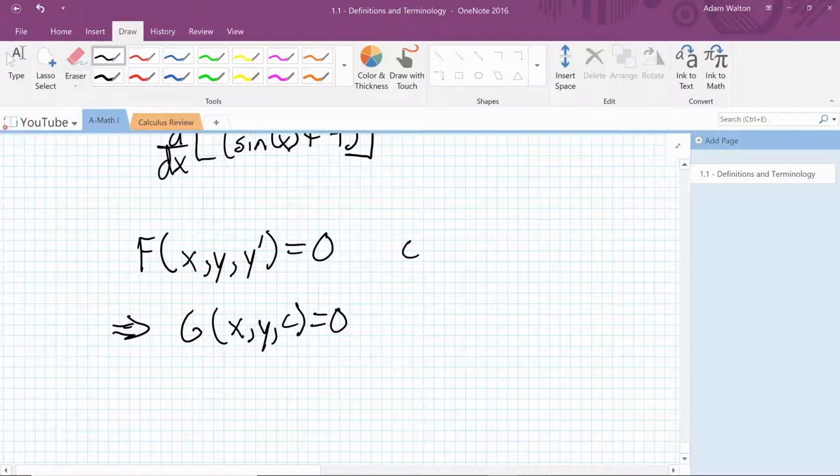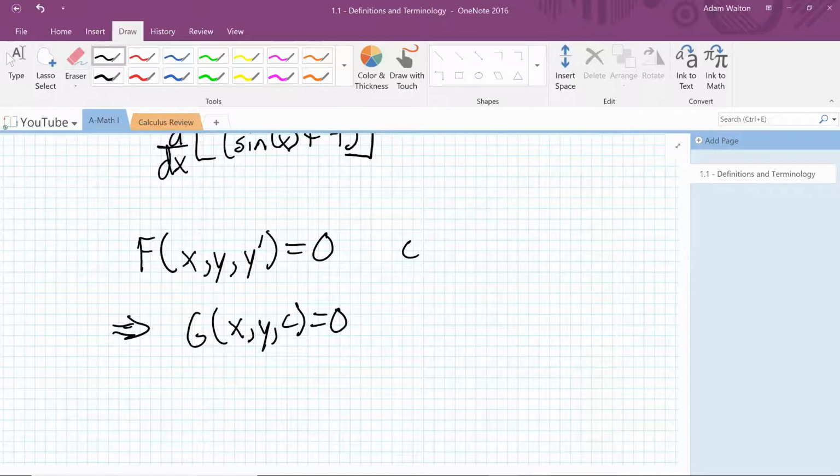This g here, of course, represents our solution function. Now, mind you, this is just notation-wise. This doesn't have anything to do with our g of x and y relation that we went over with implicit differentiation. So this is not an implicit solution. This is just generally the solution to our f of x, y, and y prime from above.